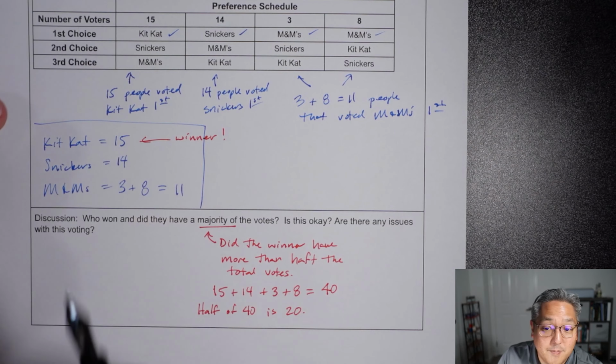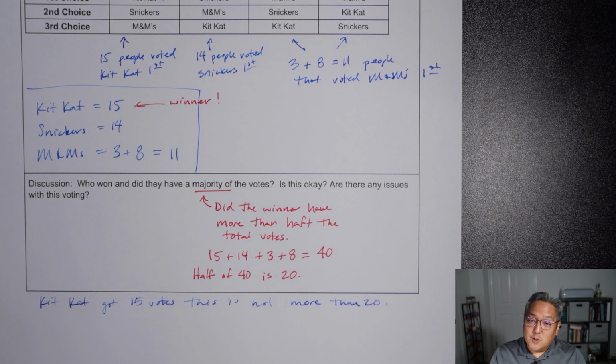Kit Kat got 15 votes, which is not more than 20. So the question you want to ask yourself in the bigger picture is, are you okay with a winner not receiving more than half of the votes? And we sort of have to be okay with that because this is the system that we're currently working in.